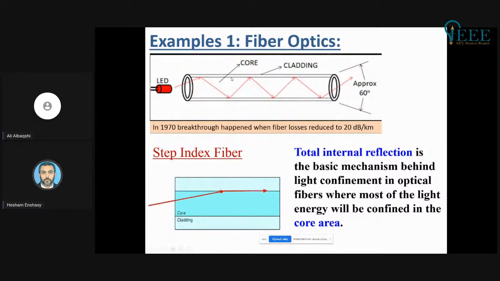So now we can make a fiber like this using core and cladding, and if we come with the right angle, then we will have total internal reflection inside the core area, and the light will be contained inside the core. This way we can contain the light for very long distances, and nowadays we make communication between, for example, the US and the Middle East using fiber optic cables under the sea using this phenomenon.